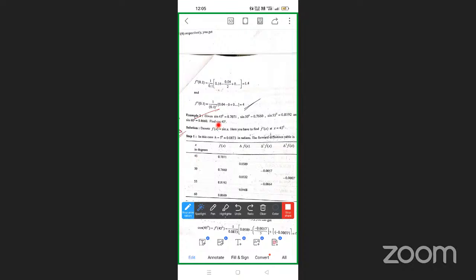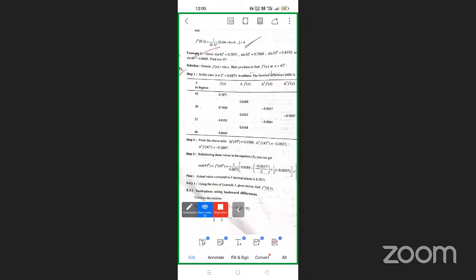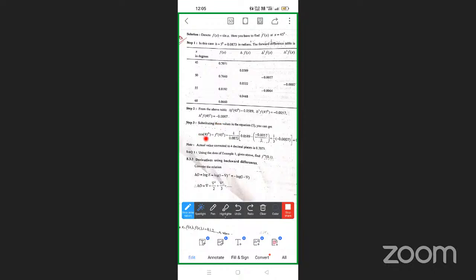F dash of x is equal to cos 45. The formula is f dash of xk is equal to 1 by h into delta minus delta square by 2 plus delta cube by 3.